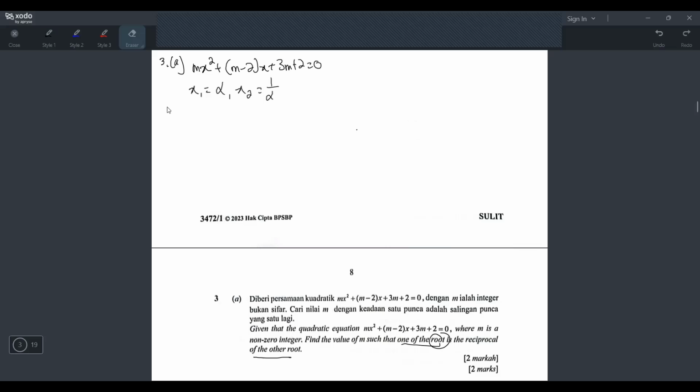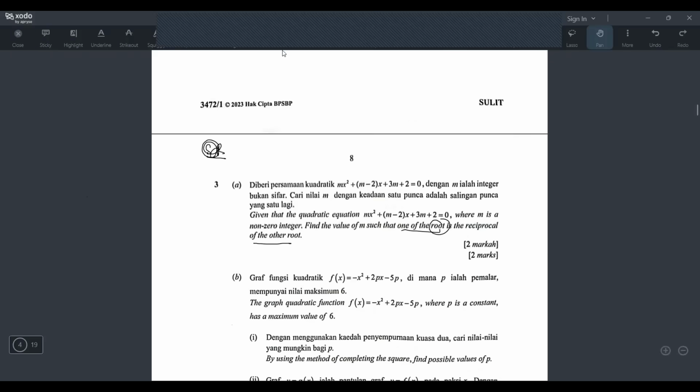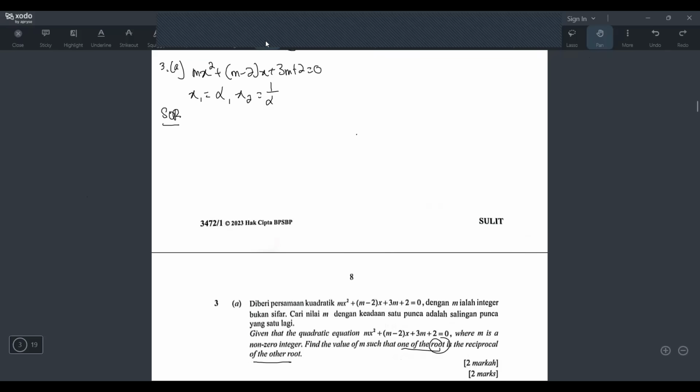After you go until here, now you can proceed with your SOR POR method. What is your SOR POR formula? So I will write down here. The SOR formula is x1 plus x2 equals negative b over a.